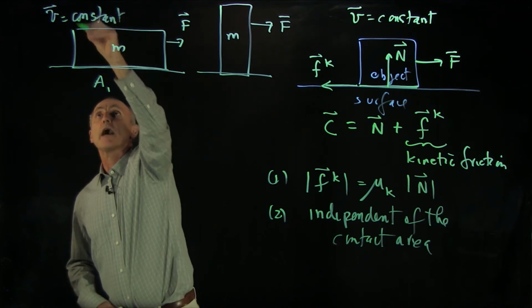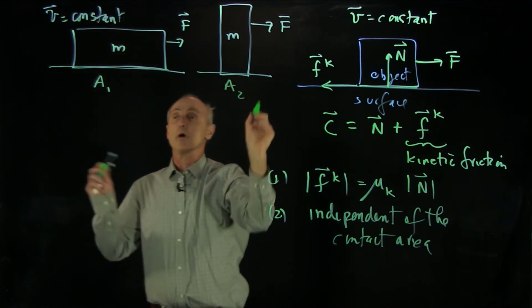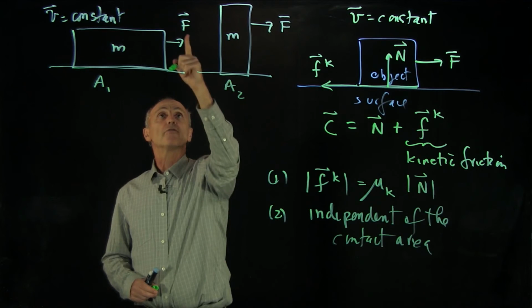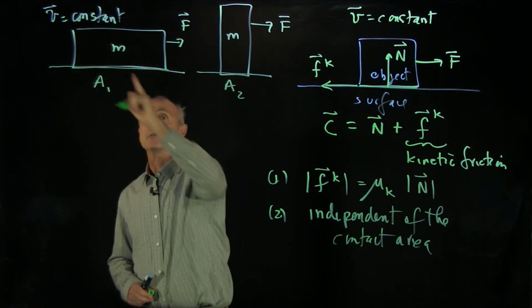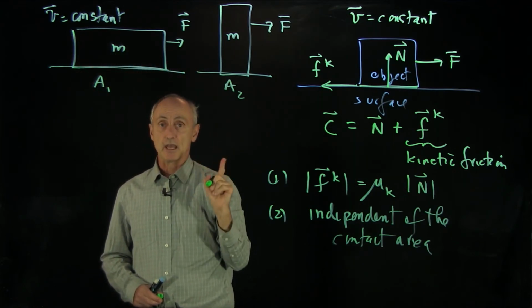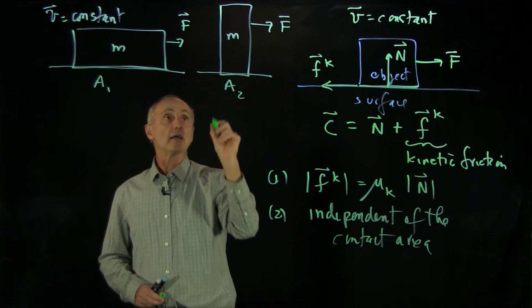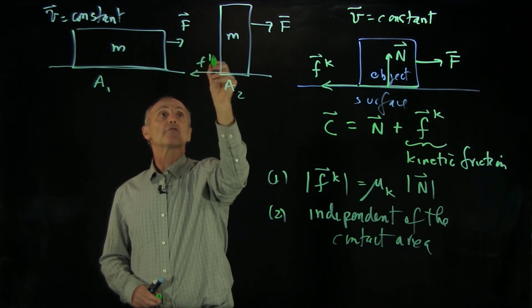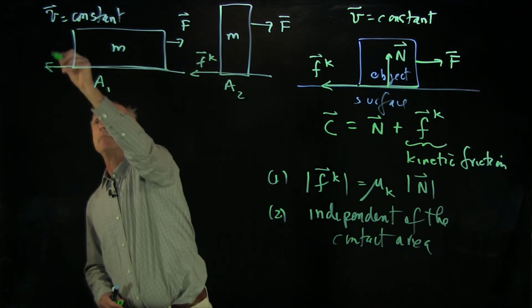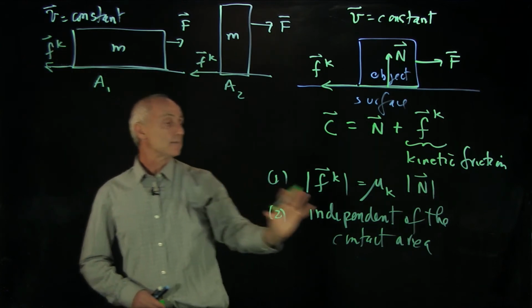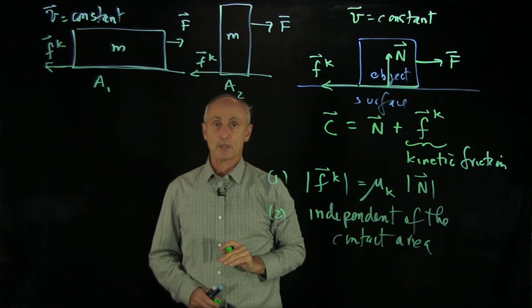Now, these objects have different areas of contact, A1 and A2, but the force necessary to move the object at the constant speed is the same. And because of that, the kinetic friction is the same, and that indicates that it's independent of the contact area.